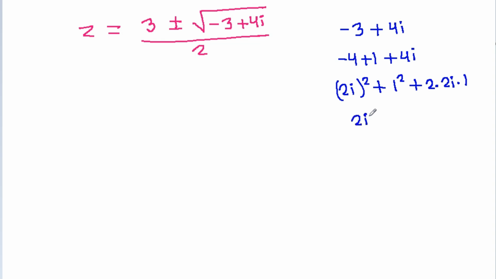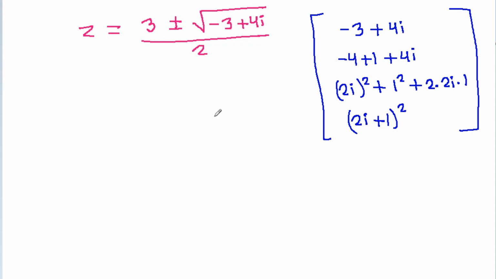So it is (2 iota plus 1) whole square. So z is equal to 3 plus minus square root of minus 3 plus 4 iota, which will be (2 iota plus 1), by 2.